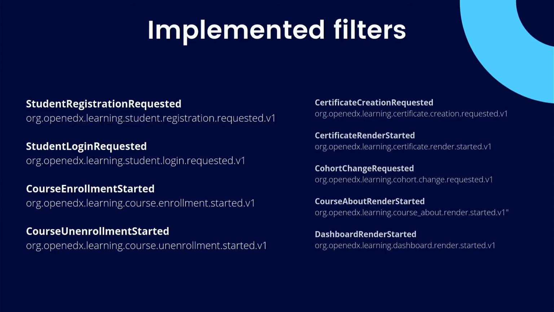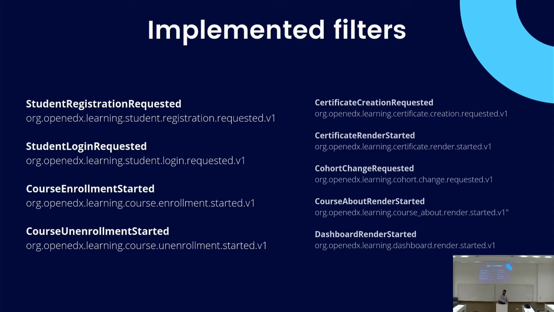And in the filters area, we have about 9 filters that are in the platform. The ones from the right side are actually still in PR, but we will backport them to Nutmeg so that when Nutmeg comes out, it has a complete list of filters and events that you can count on and build on top of.